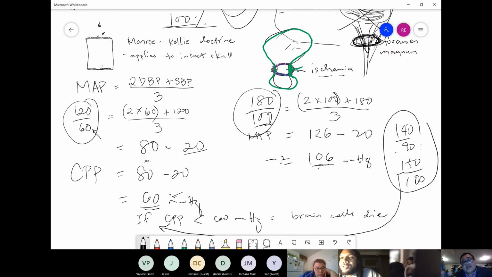Because in order to get a CPP that high, that means your blood pressure must be really high. Correct? Yeah. So therefore, it's also dangerous if your blood pressure reaches over 180. Or even 180, we should try to drop it already because that's too high. That's enough to rupture cerebral arteries already. Then you'll have a hemorrhagic stroke. Clear? Yeah. All right.